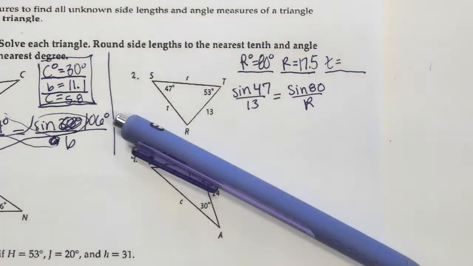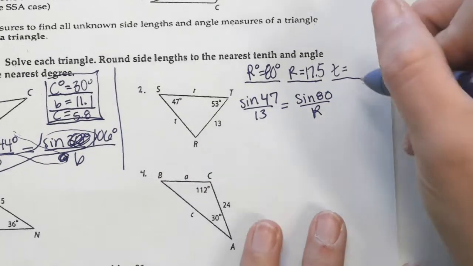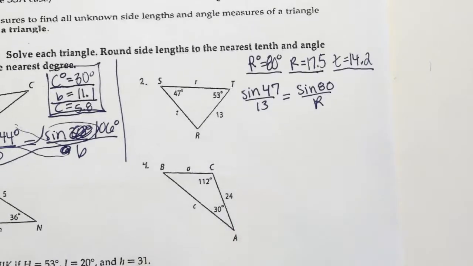Let me know if you need some help. Alright, what did we get? 14. Perfect.